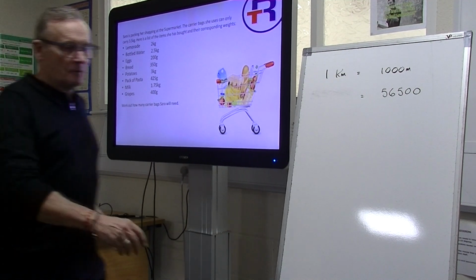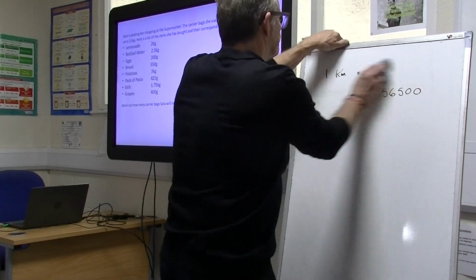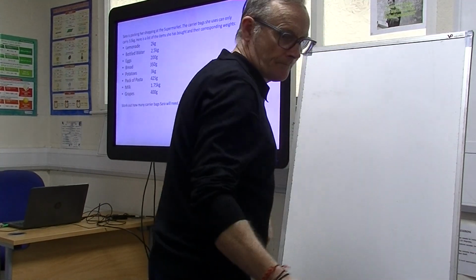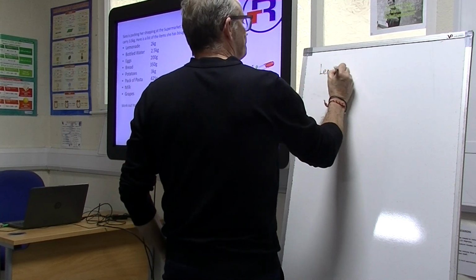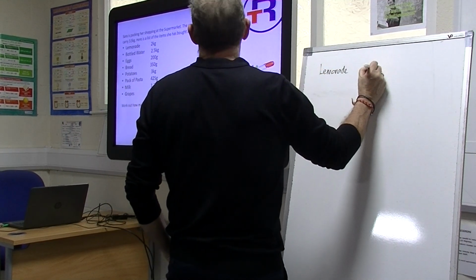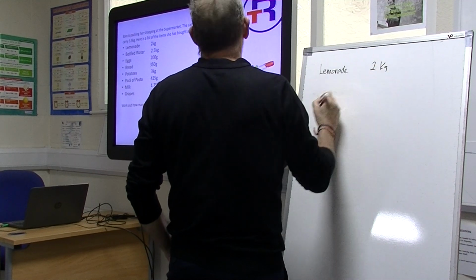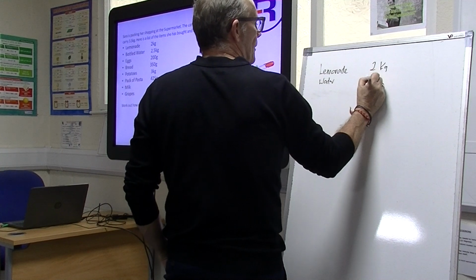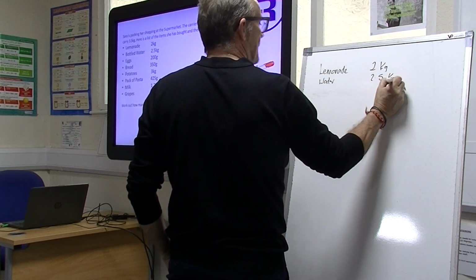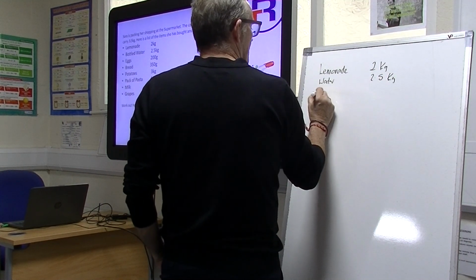So let's have a look at what we've got. The lemonade is 2 kilograms already, so we're okay with that one. The water is 2.5 kilograms, so we don't need to change it.